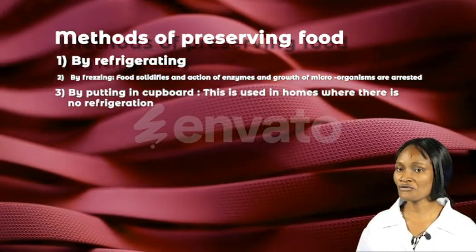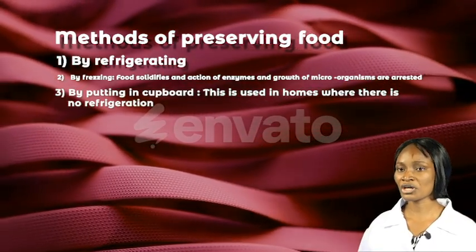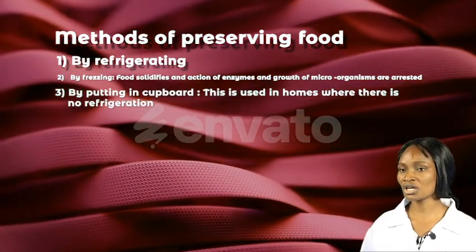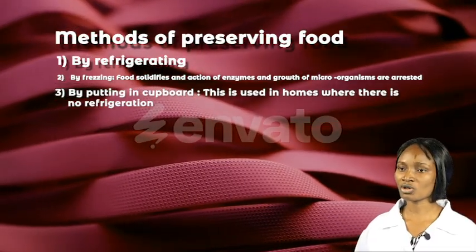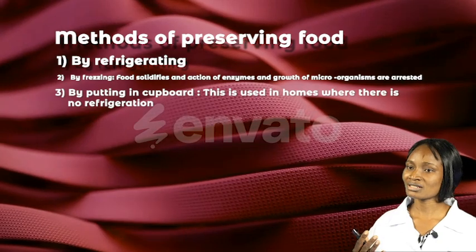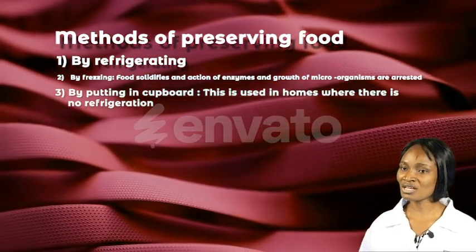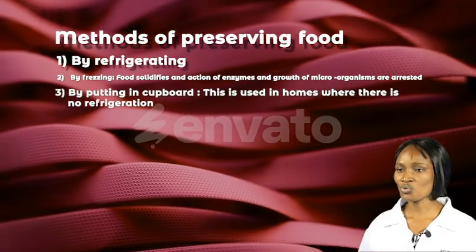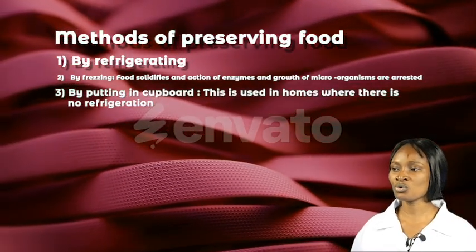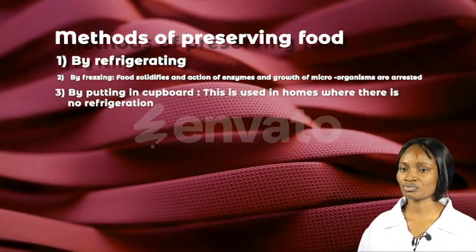So if you don't have refrigerator, you don't have fridge, you don't have freezer, you can keep or preserve the food in the cupboard. But don't forget that when you put in the cupboard is not cold, so it brings high temperature, which can spoil the food and render it uneatable.